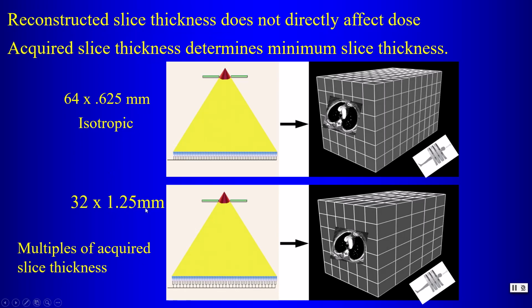In practice, 1.25 millimeters is usually good enough, but if you try to reconstruct, let's say, 5 millimeter slices in axial and sagittal planes, then you can really appreciate the blockiness there and the fact that the resolution is nowhere near as good as what you're looking at in the axial plane.